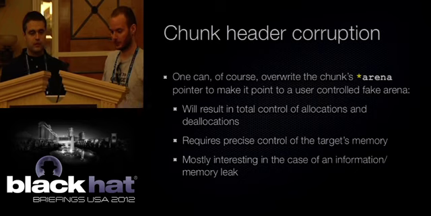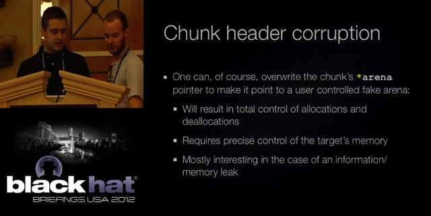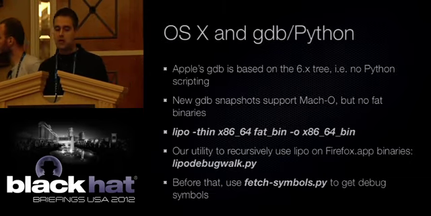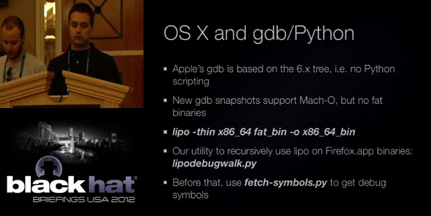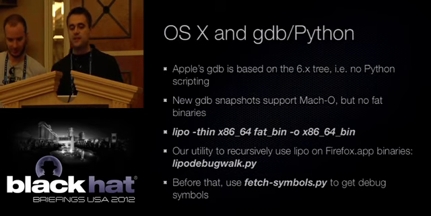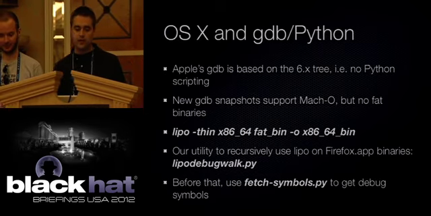Okay, so let's move on to our case study. When we started looking at Firefox, we decided to work on the OS X platform. Of course we were using GDB to debug Firefox, but we found out that Apple's GDB is based on the 6.x GDB tree, which has no Python scripting support.